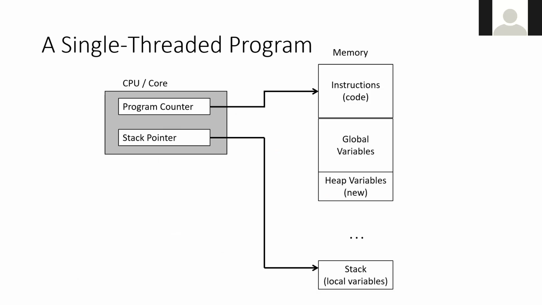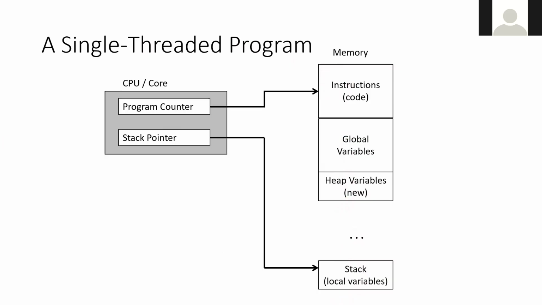Let's see what happens from the programmer's point of view. So this memory is what is present for the programmer. This is the virtual memory that you'll be seeing. Starting from 0, it's the instructions, the global variables, the heap variables that grows down, and the stack that grows up.